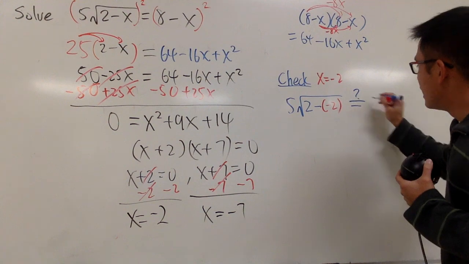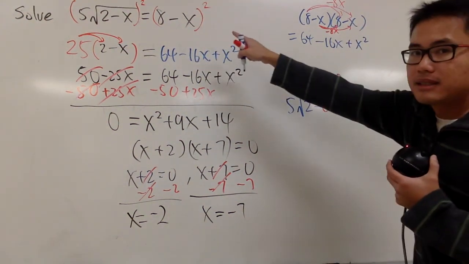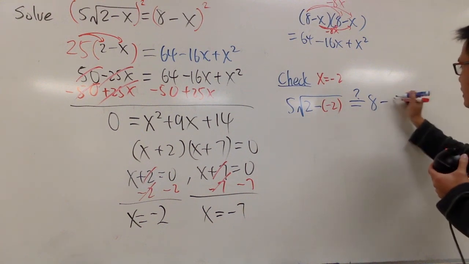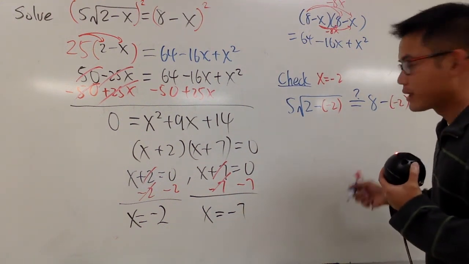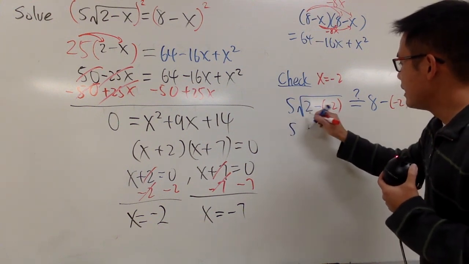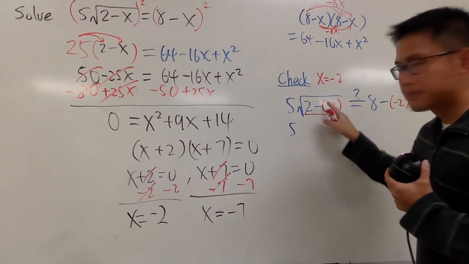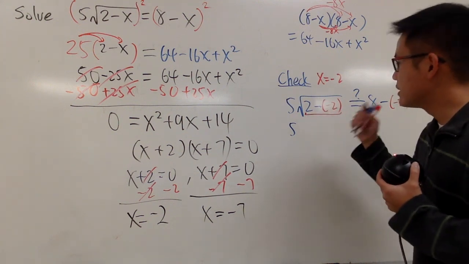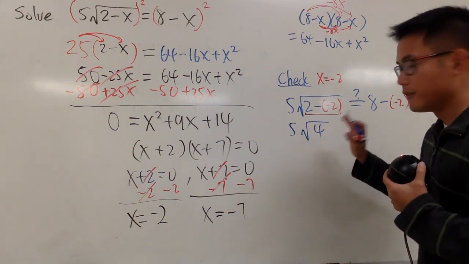Is this going to give us 8 minus that x, which once again, we are plugging -2 for that, okay? And now let's just do the work right here real quick. First of all, this is just 5, and then this is what? Well, minus minus becomes plus. 2 plus 2 is 4 inside the square root. So this is 5 times the square root of 4.